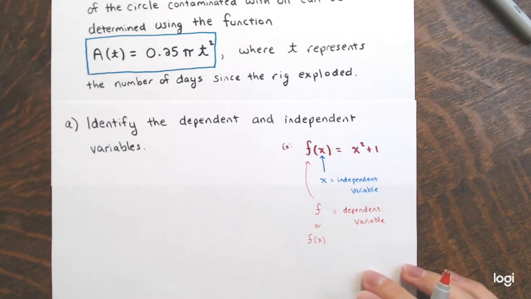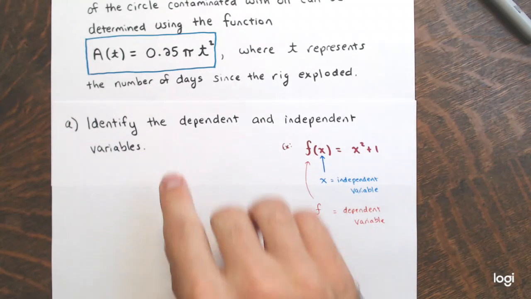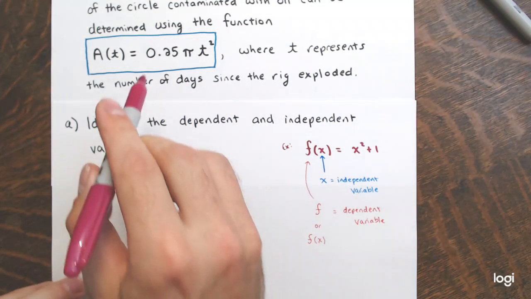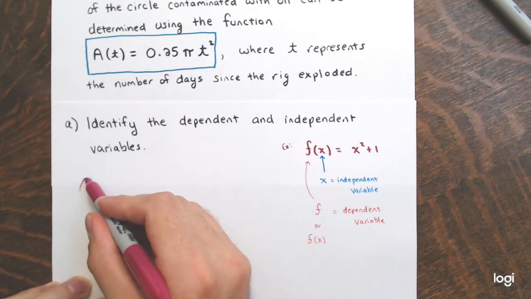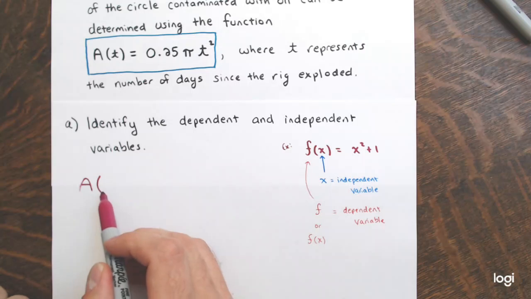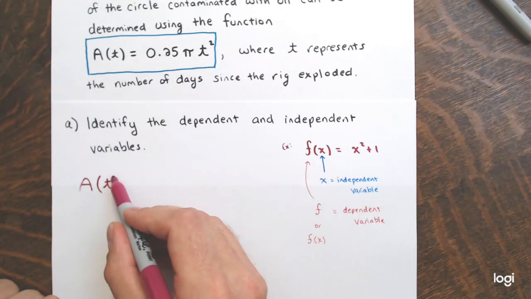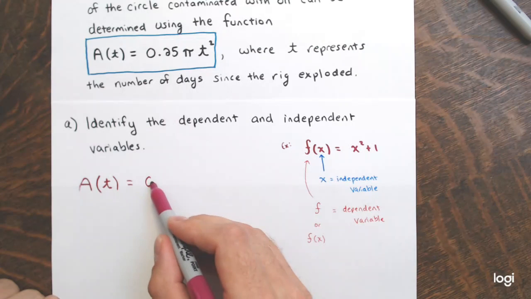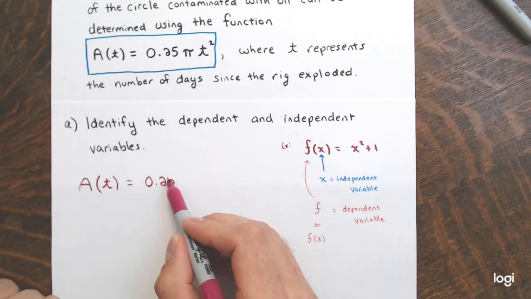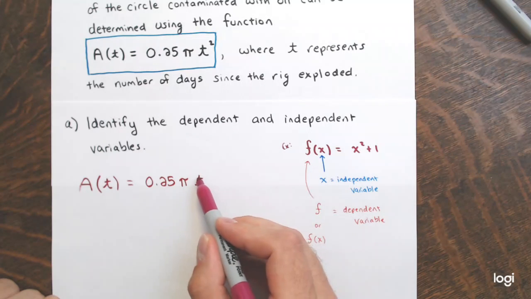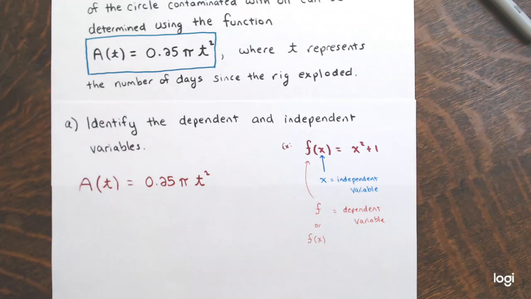So for this particular problem about the Deepwater Horizon oil explosion, the function we are given, I'll write it again down here so we can point some things out, is the value of A at t, or A of t, equals 1/4, 0.25, times pi times the value of t squared.